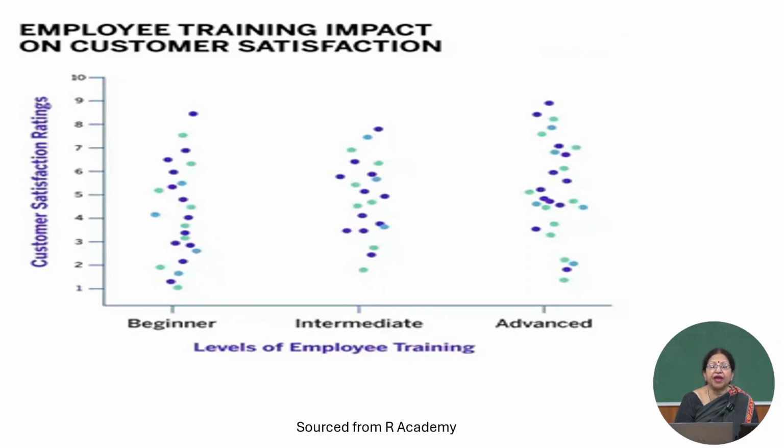Employee training impact on customer satisfaction. On the y-axis is the customer satisfaction rating, and on the x-axis is the levels of employees that have been trained.